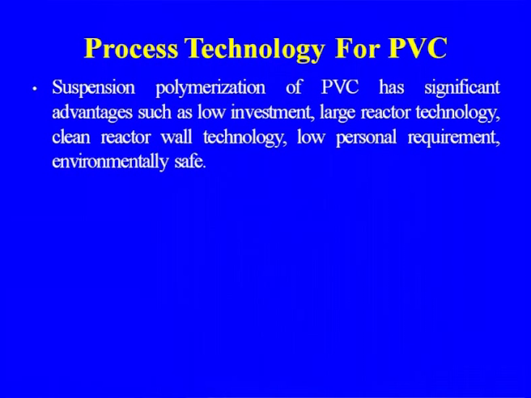Now, let us discuss the process technology for polyvinyl chloride. Suspension polymerization of PVC has significant advantages such as low investment, large reactor technology, clean reactor wall technology, low personnel requirement, and being environmentally safe. So, these are some of the advantages of the suspension technology.